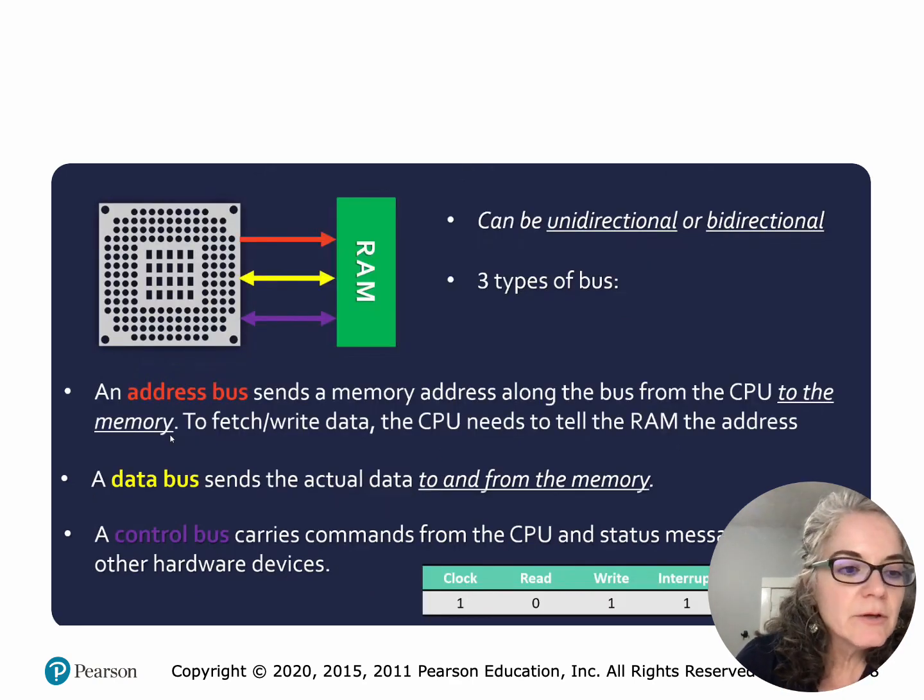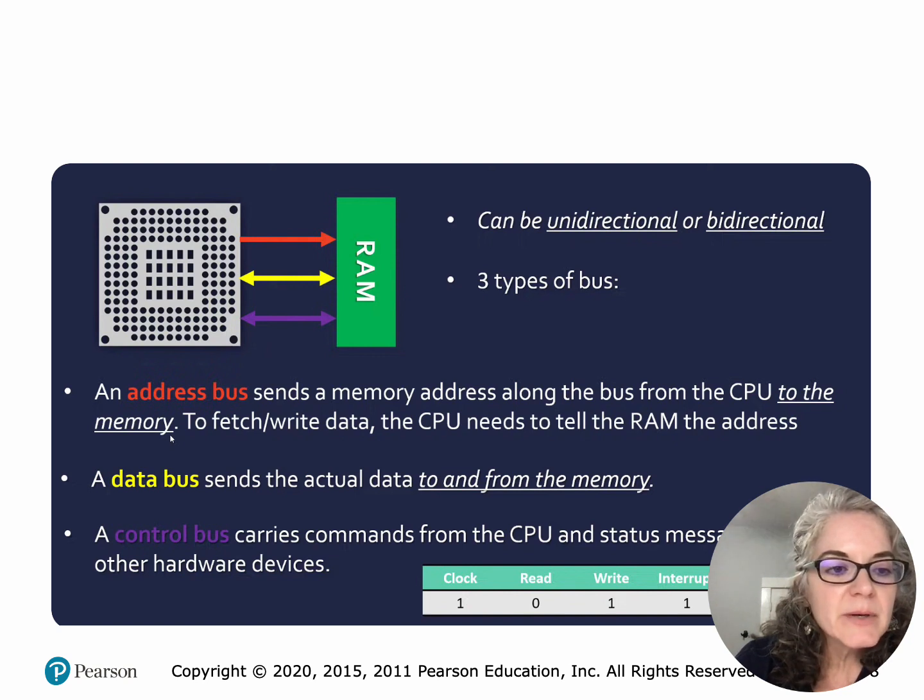In this slide, we look at the 3 types of buses. So we have an address bus, a data bus, and a control bus. Let's start with the address bus. Buses can transfer data either unidirectionally or bidirectionally. Uni means one way, bi means 2 ways.